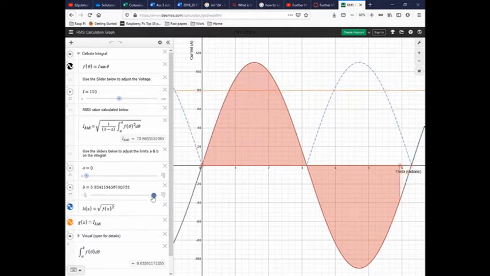If you want to calculate it over half a cycle, which should give the same answer, you just drag that down to cover half the cycle, and it's shaded there. So that's how you use the sliders for the limits on the equation. So a would be 0 and b would be pi in this case.